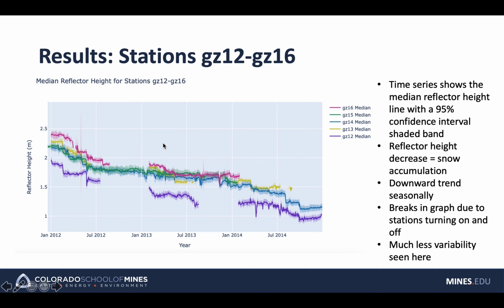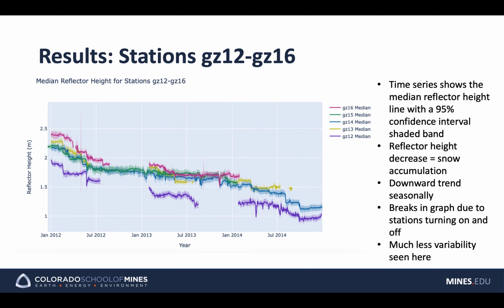This time series is for the stations GZ12 through GZ16 for the years 2012 through 2014. Again, a decrease in reflector height represents an increase in snow accumulation. What's interesting to note about this graph is that it shows much less variability between stations compared to the previous graph. Here, stations GZ15 and GZ14, shown in green and blue respectively, almost overlap each other for the entire time series.